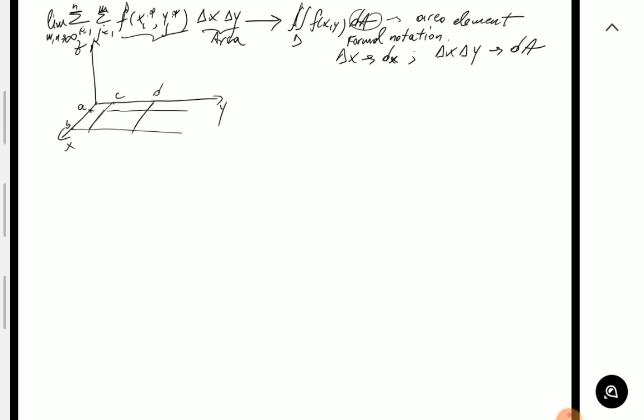Somewhere in the middle here is my typical partition rectangle corresponding to x sub i minus 1, x sub i, y sub j minus 1, y sub j. So what I want you to understand here is, if you evaluate the function at the intermediate point, it's analogous to raising a perpendicular over that intermediate point. So right here is f evaluated at that intermediate point.